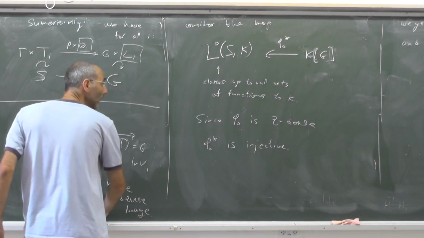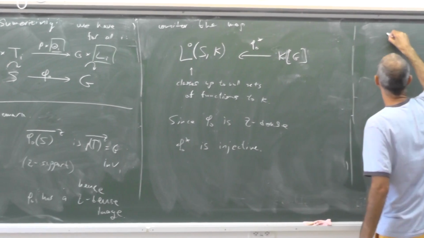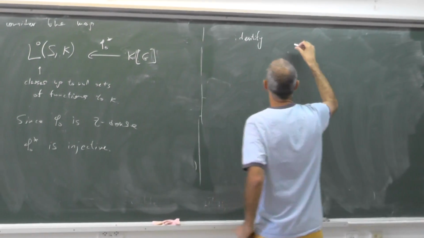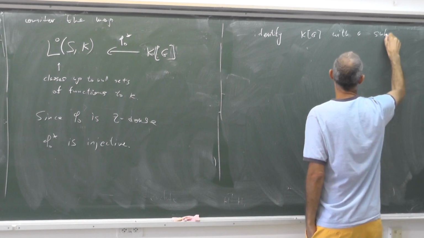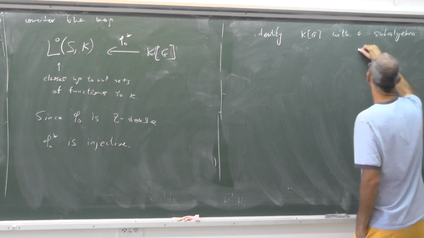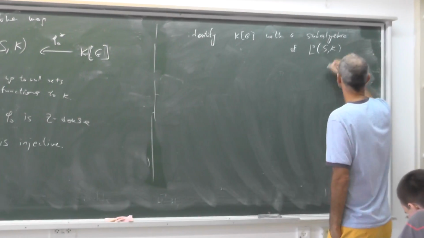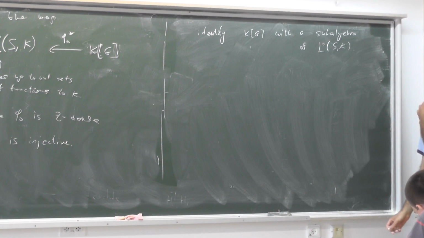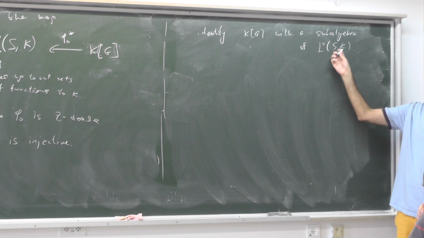So what I'm doing now is identifying the right-hand side space with its image. Identify KG with a subalgebra. Oh, this is the K algebra, right? Now consider the action of that guy.